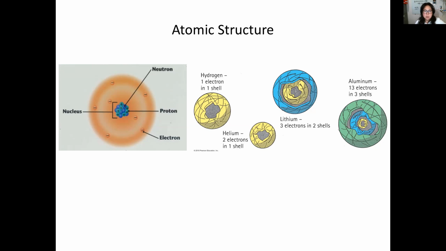So the positively charged proton has a mass a lot heavier than electrons and is in the nucleus. The neutrons are electrically neutral but have the same mass as protons, and both are in the nucleus. Then negatively charged, very light particles called electrons make up the volume of the atom.